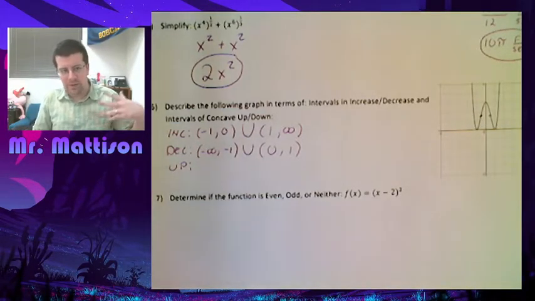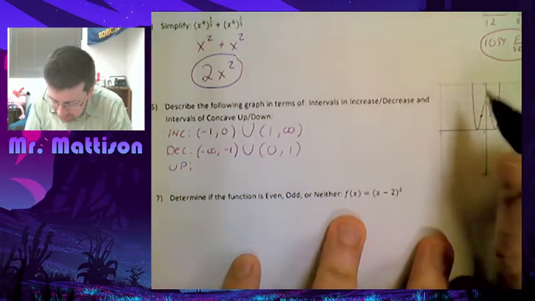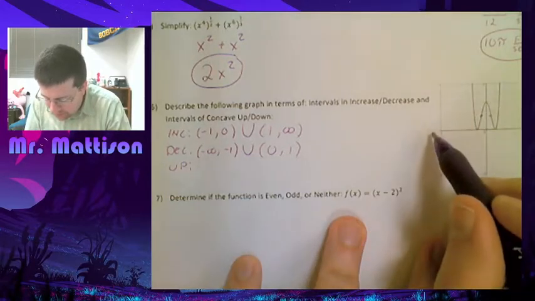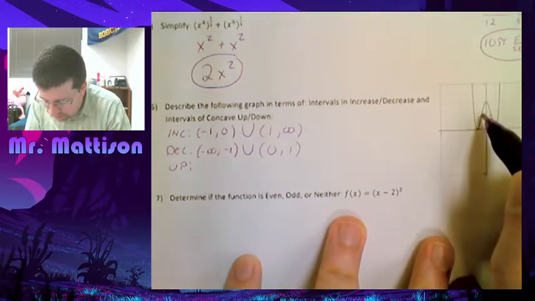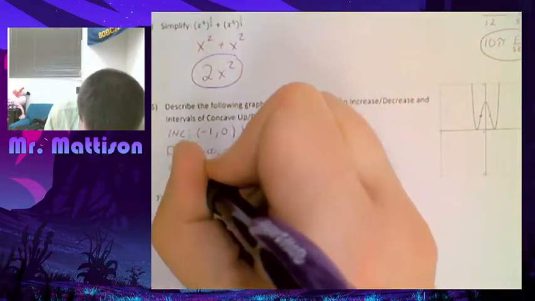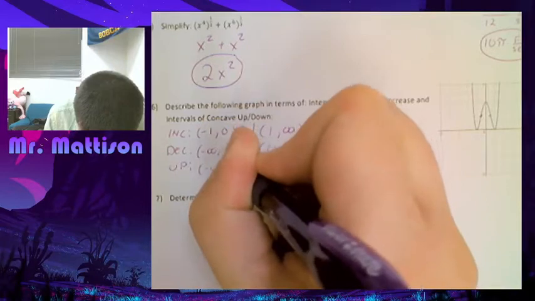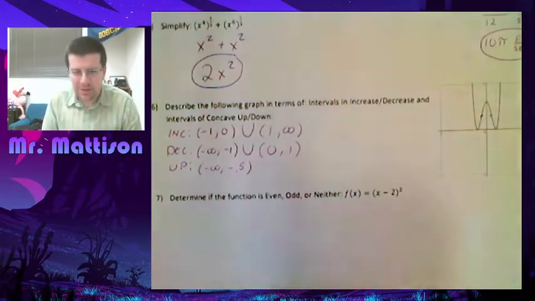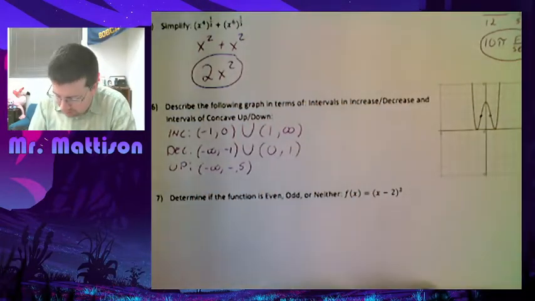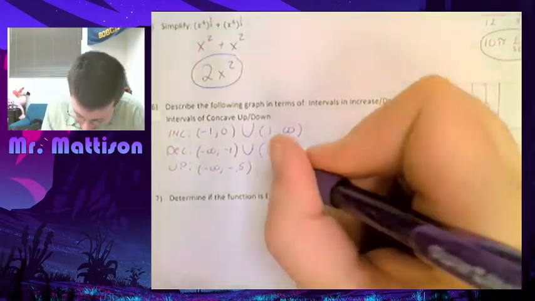We will figure out how to find that exactly in a calculus level class. So I'm concave up from -infinity all the way over here till -1/2, or -0.5 if we want to use decimals. And then I'm also concave up from 0.5 up to +infinity.